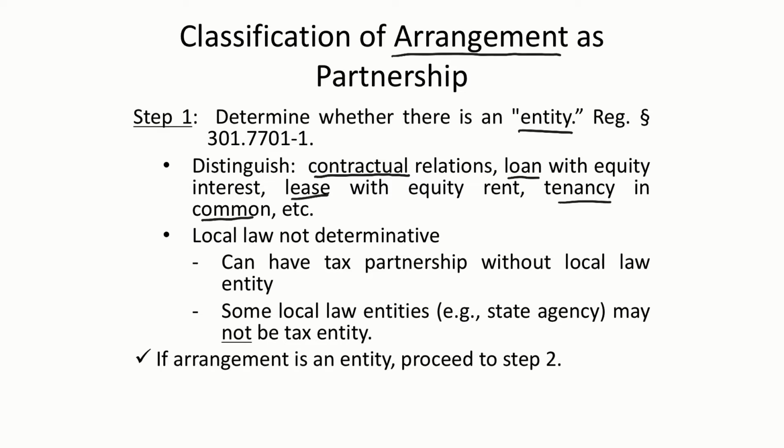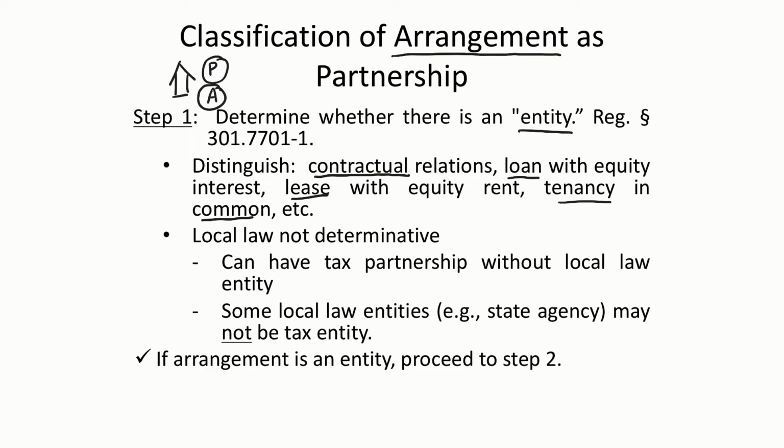So if you have an entity under state law, you're pretty much just going to go right to the next step. But if you don't have an entity under state law, let's say we have a contractual relationship. Let's say that Patrick and Andrew purchase some real property, and they're going to be tenants in common, 50-50 owners, and they're going to rent out that real property.